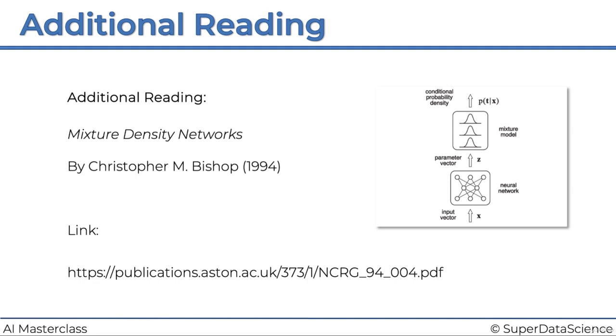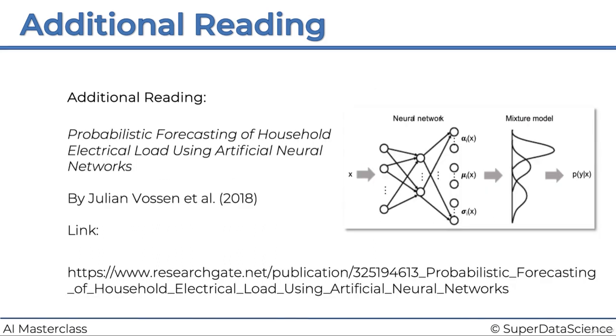And actually, this time we're going to have 2 additional readings, because if, on the other hand, you want to dive into this from a practical standpoint, there's a very interesting paper from 2018, quite recent, called The Probabilistic Forecasting of Household Electrical Load Using Artificial Neural Networks.